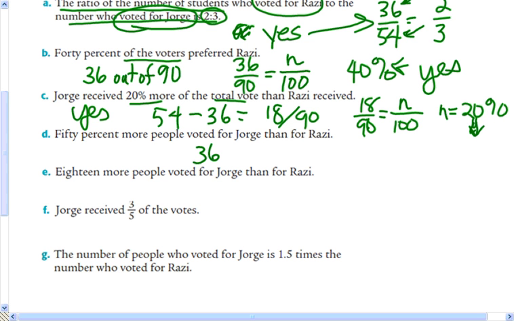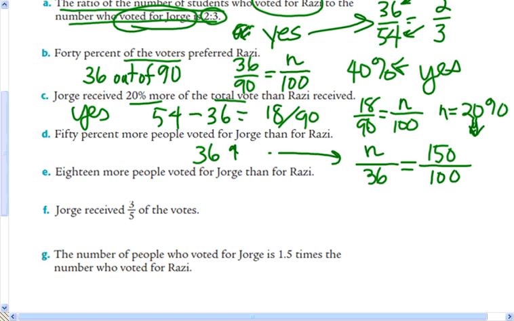If we were to increase that by 50%, let's use our 36 as our whole. If we increase that by 50%, that means we're increasing our whole, which is really 100%, by 50%. So that would be 150% of the 36.